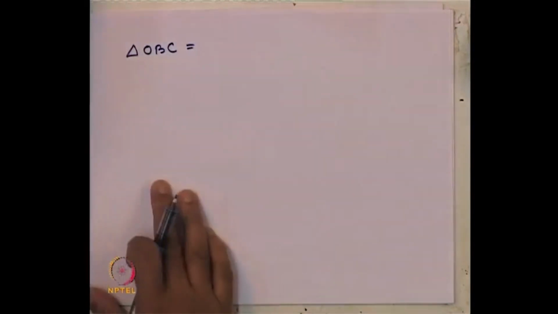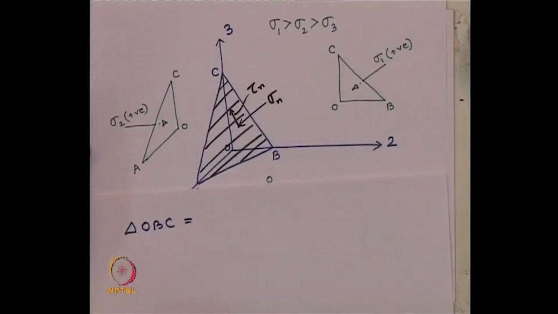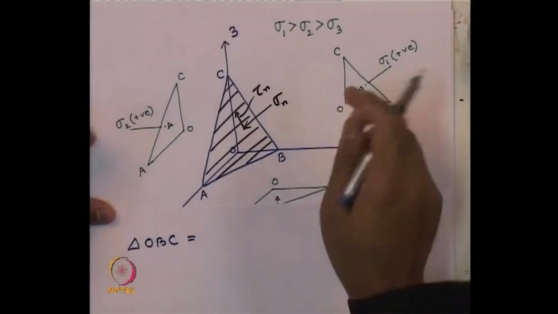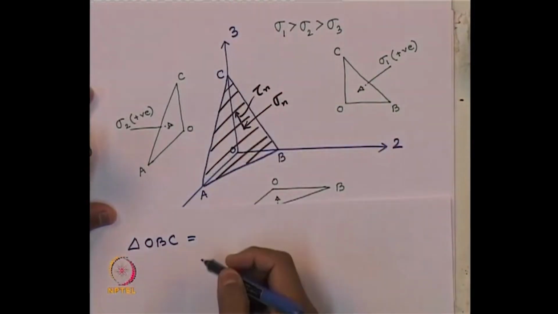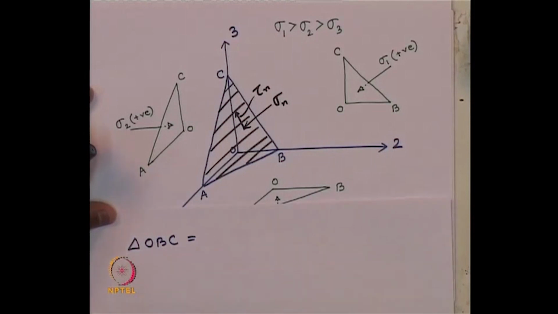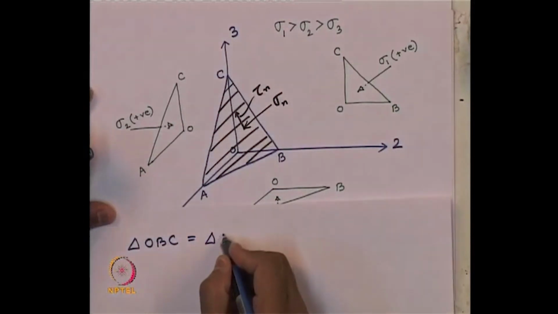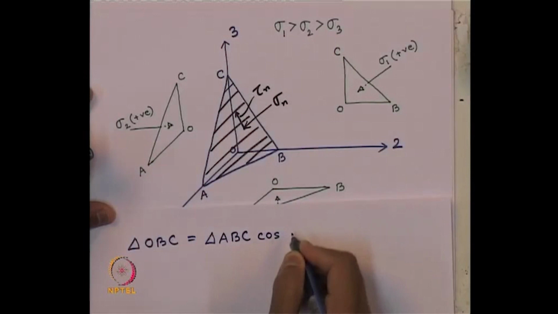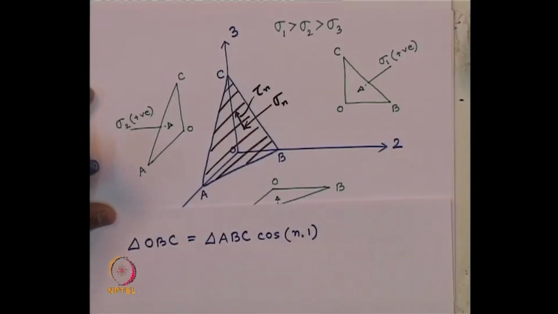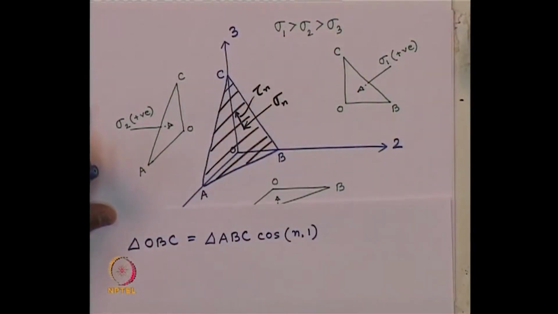So, what we can write from this, we can write down the triangle OBC. Let us keep the figure here, so it will be easy for us to follow. This triangle OBC, this area of the triangle is nothing but how much? We can express it as this inclined plane area ABC times cosine of n1, because n1 is the angle between this nth plane and axis 1.